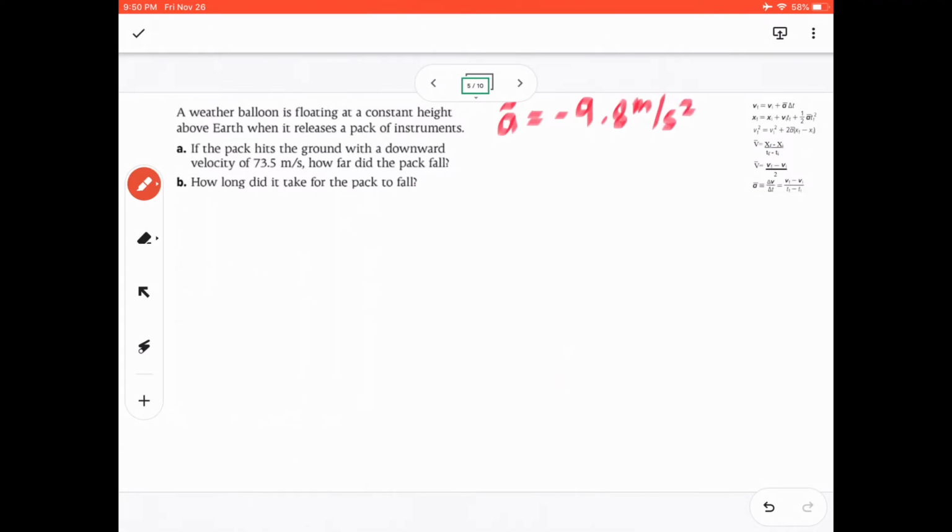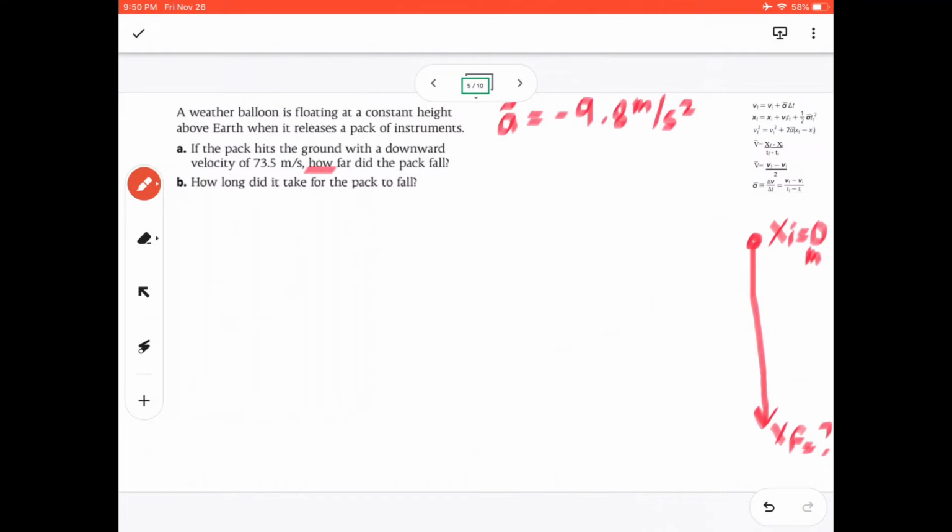What else do we know? If we are going to draw, this is your weather balloon above the earth, and then something will fall and it will go down. Initially this will be our XI, position 0 meters, and then XF over here. We don't know how far it fell, because that's the question.